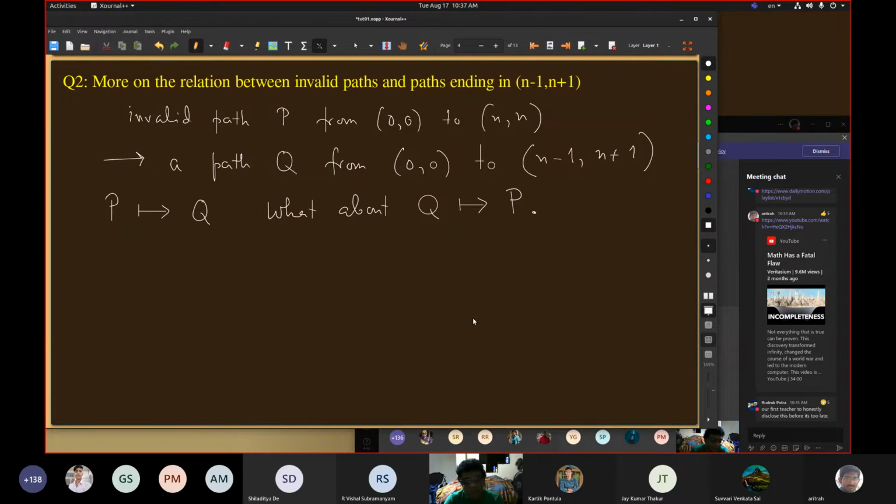So I just hinted at this reverse, converse construction.